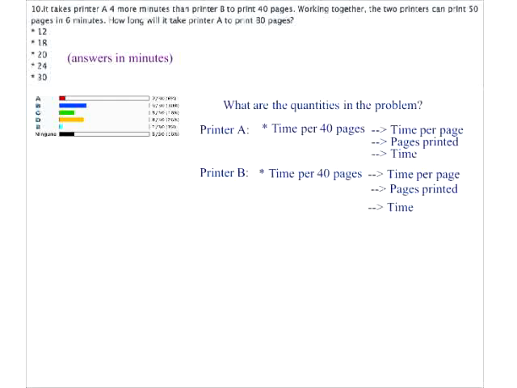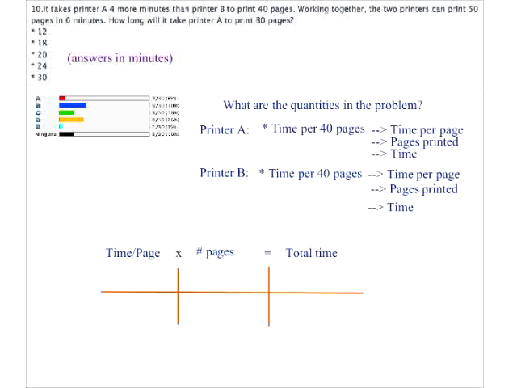This may not be the easiest thing in the world, but if you have time per page, what can you multiply that by? Time per page times what is going to equal what? Chat box. Time per page times how many pages equals total time. So number of pages times time per page equals total time.